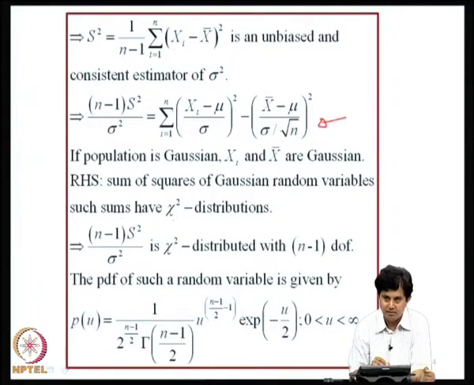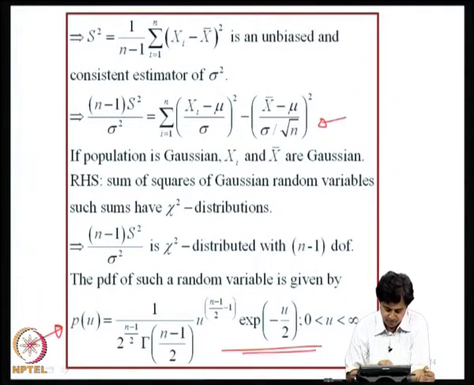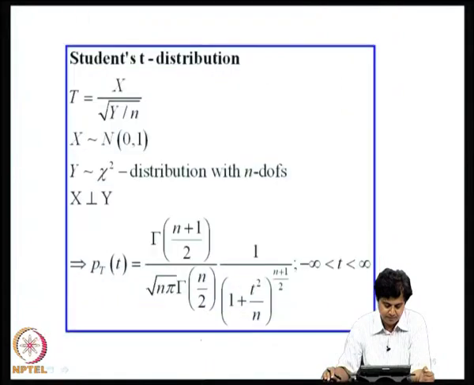If you add n squares of Gaussian random variables, the resulting random variable has a chi-square distribution, that can be shown, and the form of that distribution is displayed here. This is the probability density function of a chi-square random variable with n minus 1 degrees of freedom. This is a well studied probability density function, its properties are tabulated and we can use that information to analyze the properties of the estimator for the variance.